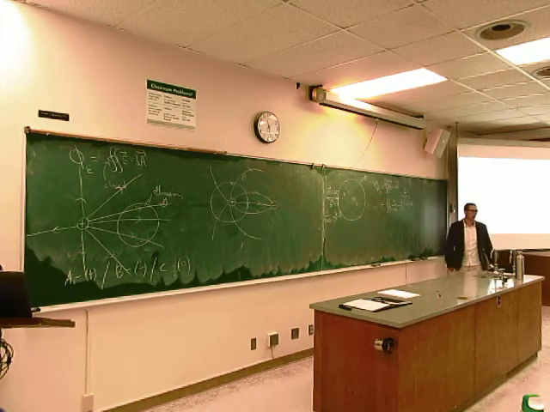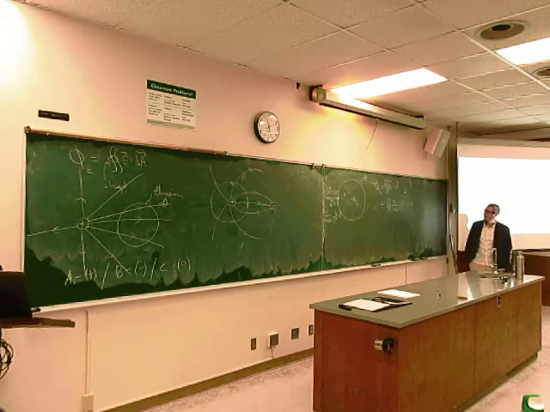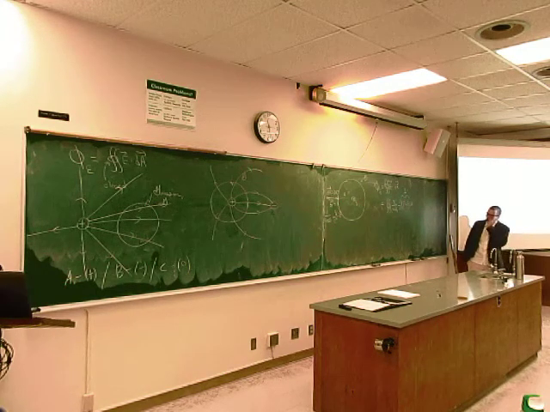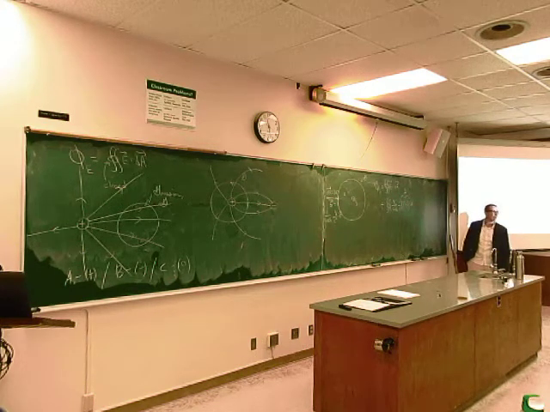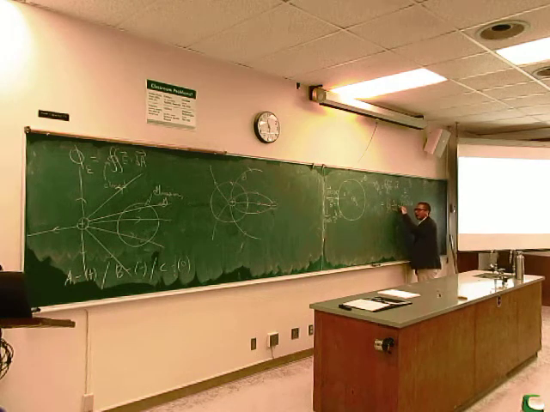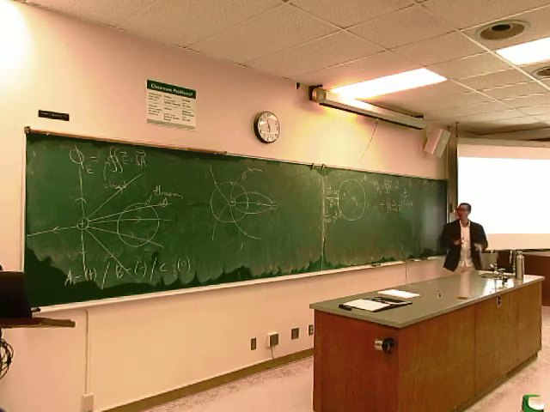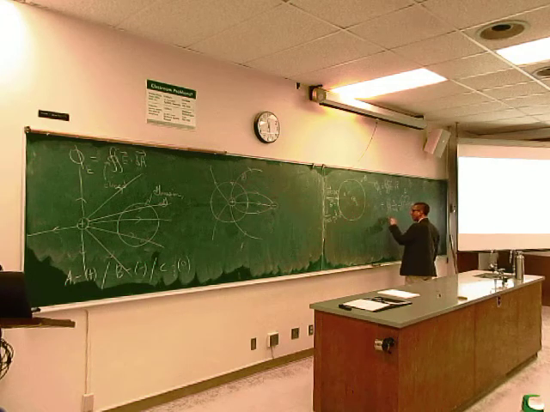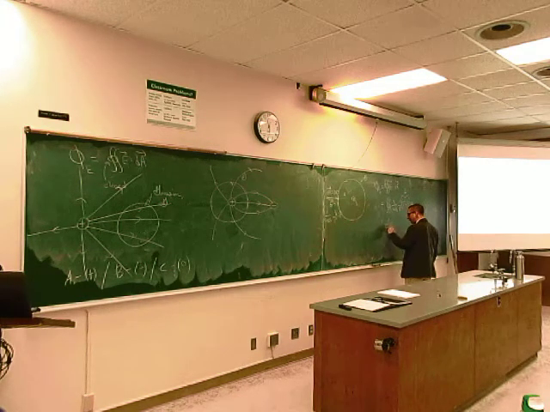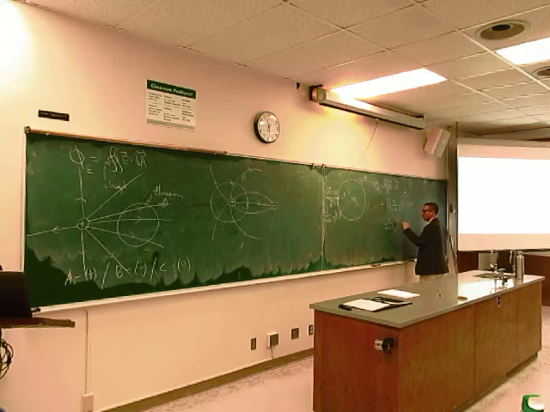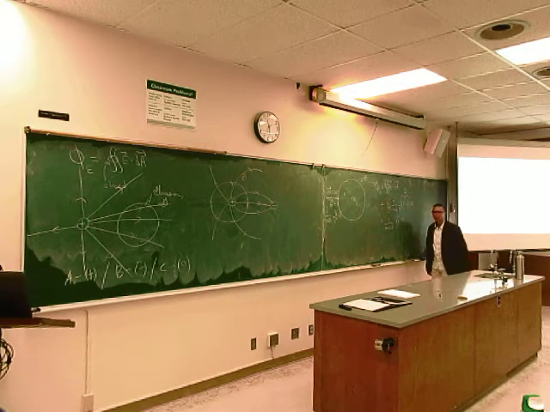Cosine of 0 is 1. Let's simplify this a little more. On the surface of the sphere, this R is always capital R because it's just the radius. Now everything here is constant, so I can take it outside the integral. So I get Q over 4 pi epsilon naught R squared, and then the integral over the closed surface dA.